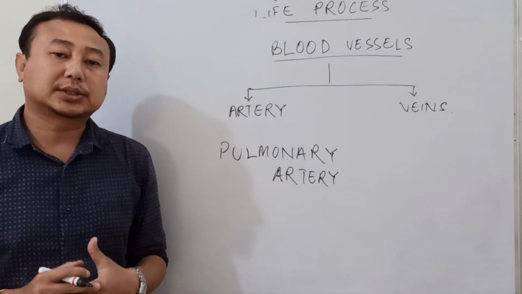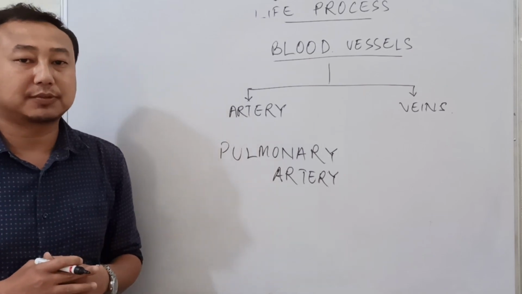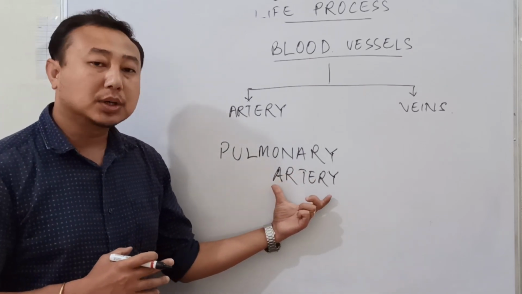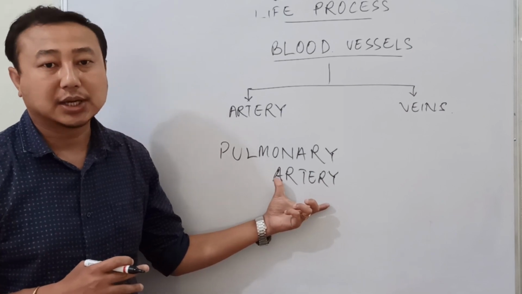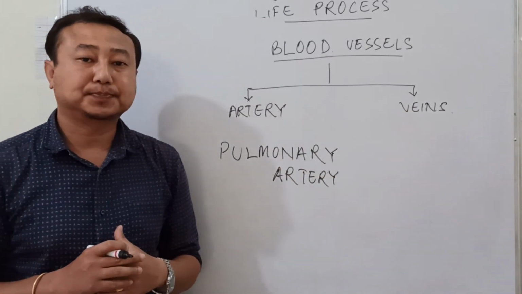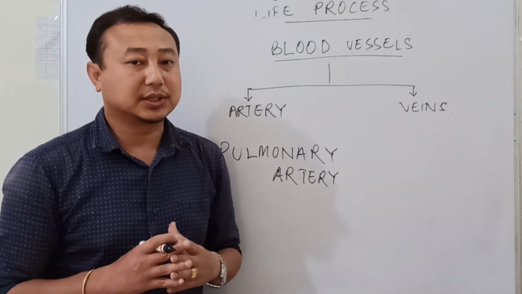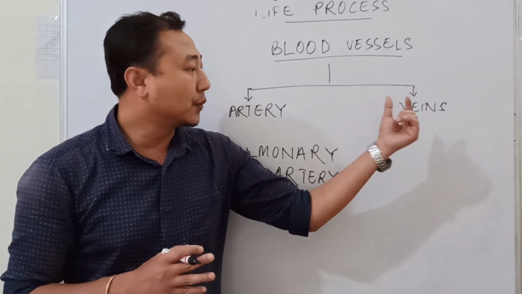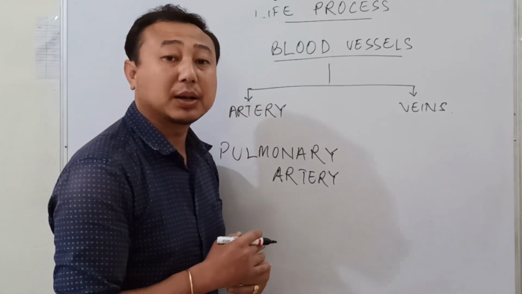Generally, arteries carry oxygenated blood, which means blood that contains a sufficient amount of oxygen. But the pulmonary artery, which takes the blood from the heart to the lungs, carries deoxygenated blood. Veins also have a part which connects the heart with the lungs. The type of vein which brings the blood from the lungs to the heart is known as the pulmonary vein.